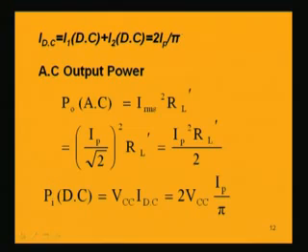Now if we find out the AC output power, the average AC value is obtained by considering the RMS, root mean square value.